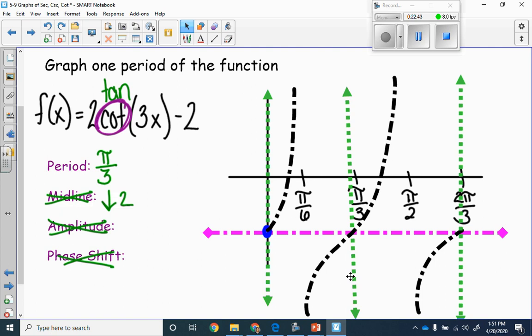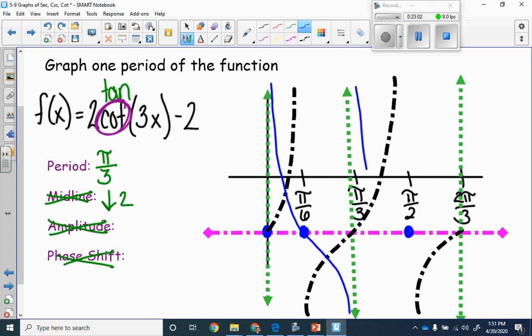And then where it was your asymptotes before, that's where it's now crossing over that midline there. So at pi over 6 and at pi over 2, that's where it's crossing over. And now your function is decreasing as it goes through those intervals.